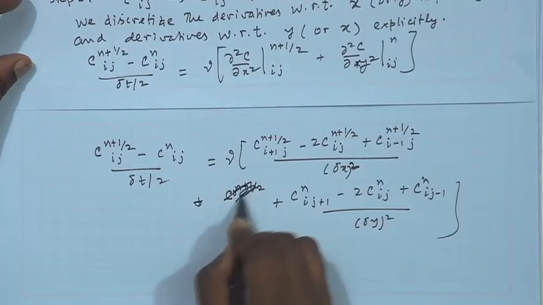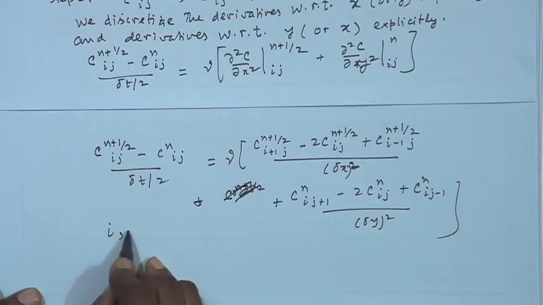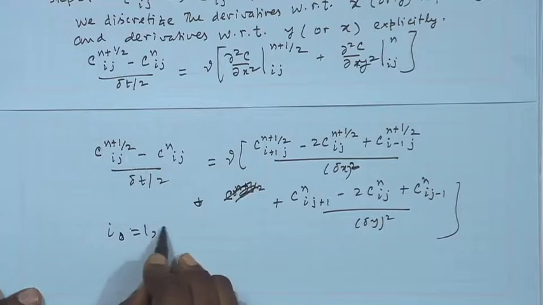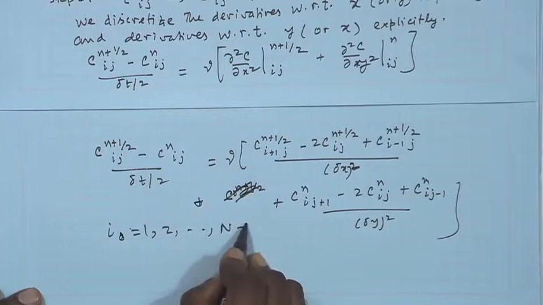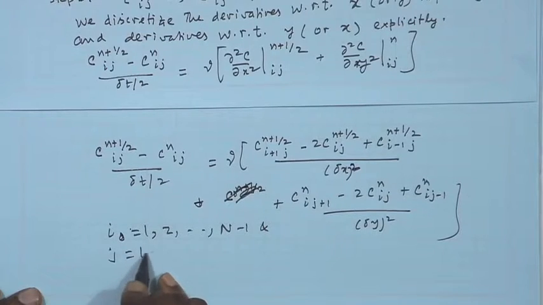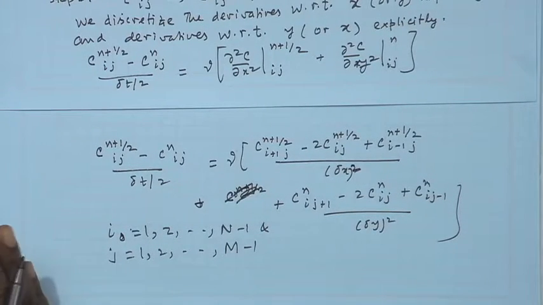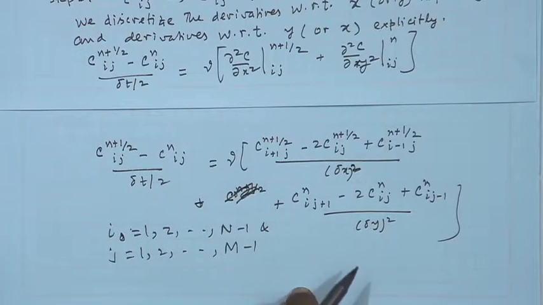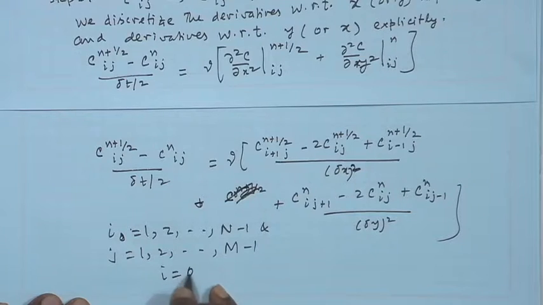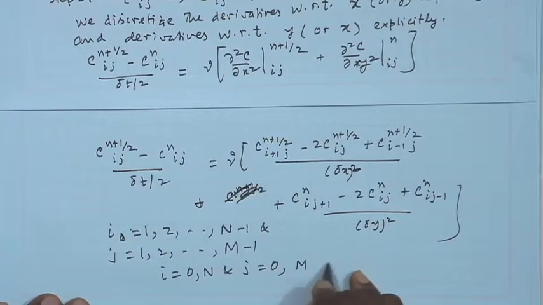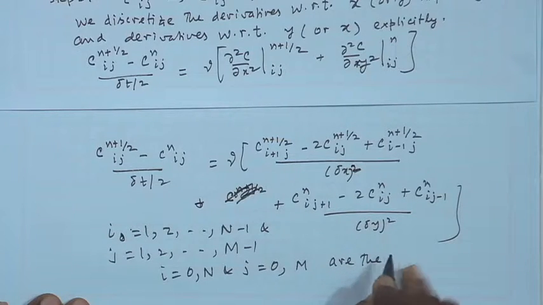So, here i is varying from 1 to n minus 1, and j is from 1 to m minus 1. So, that means i equal to 0 and i equal to n are the boundaries, and j equal to 0 and j equal to m are the boundaries.